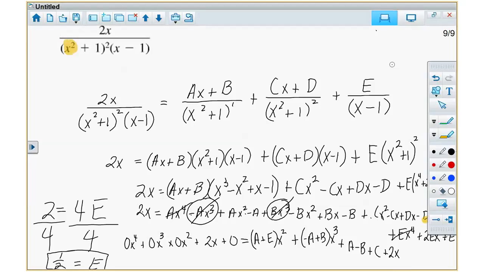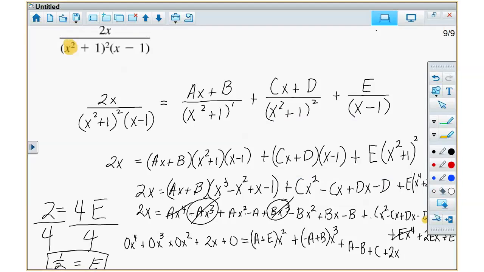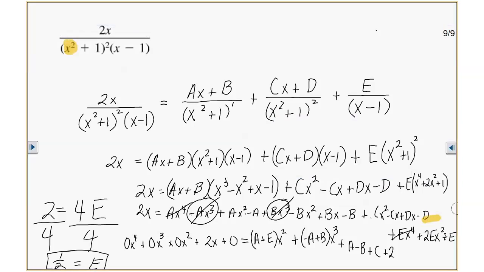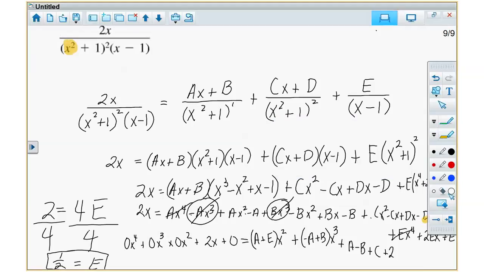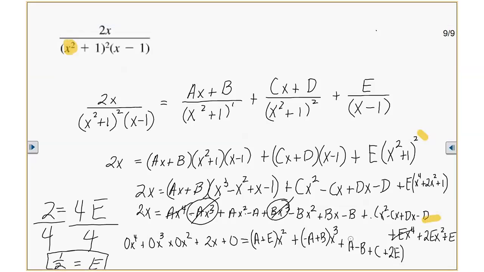Y'all check it. Now take out squares here, here, here, and here.